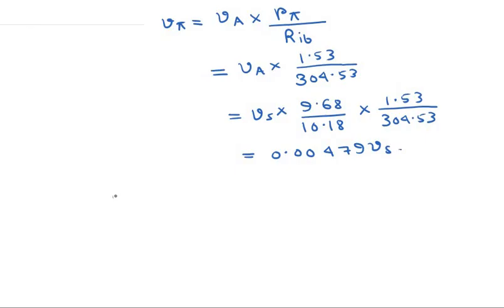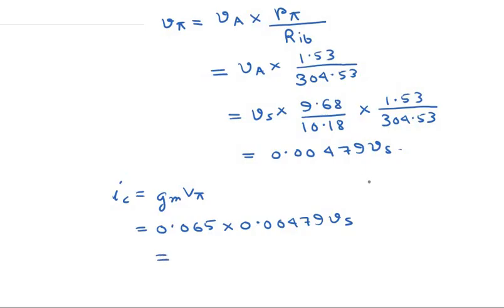So the collector current IC is given by Gm times V pi. Gm we have found to be 0.065 millimho, and V pi is equal to 0.00479 Vs. This is in milliamperes, because Gm is in millimho.